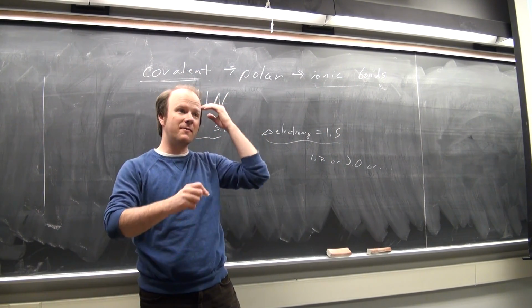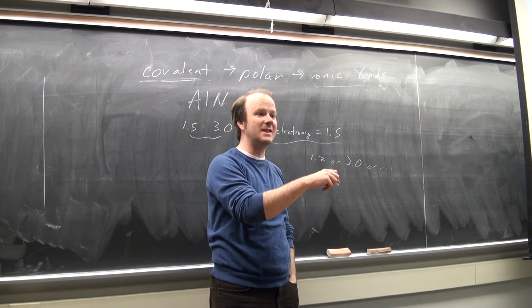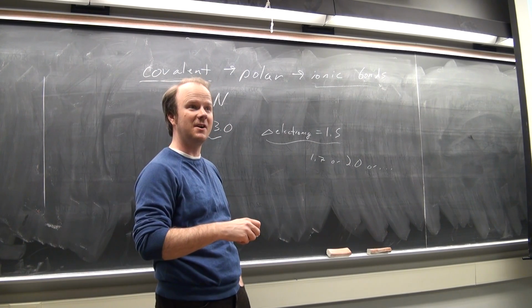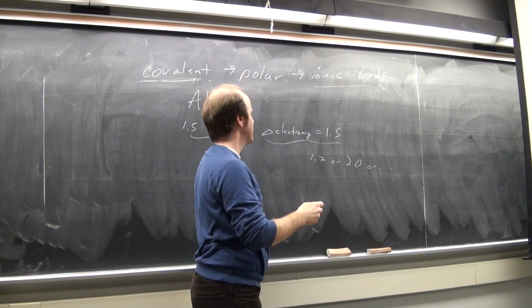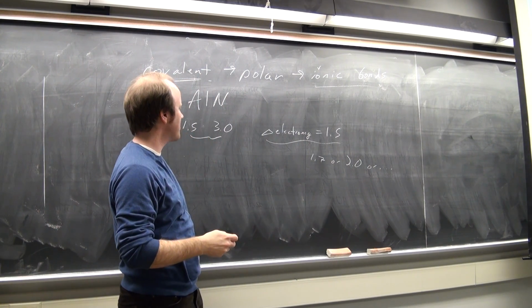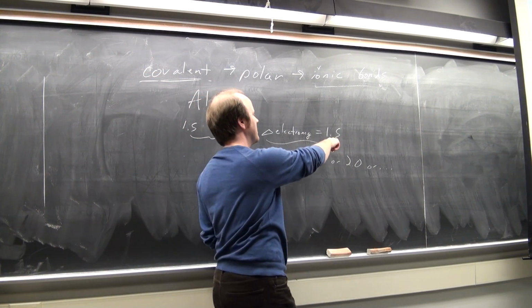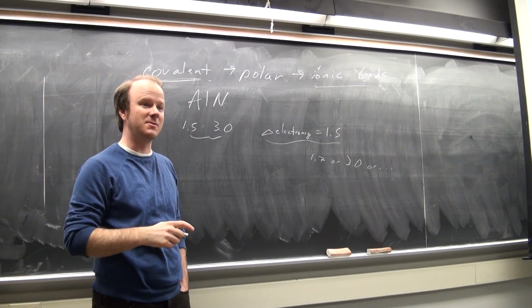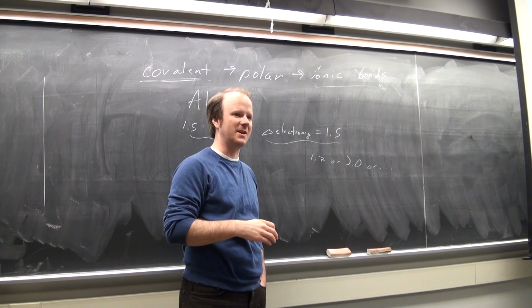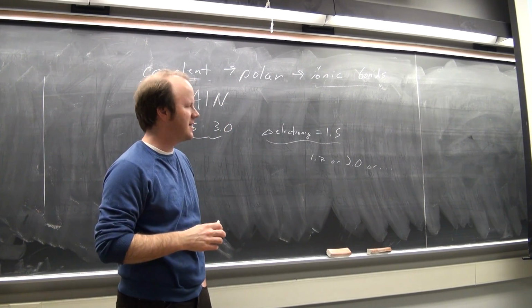Whatever your source is, just quote it and say anything with an electronegativity difference of X, I'm going to call ionic. It turns out that aluminum nitride is probably not quite different enough to be an ionic bond, so we just call it highly polar or something like that. But it's still probably in the covalent range.